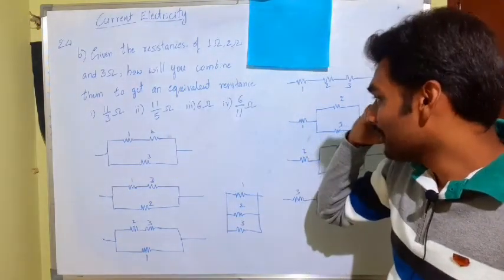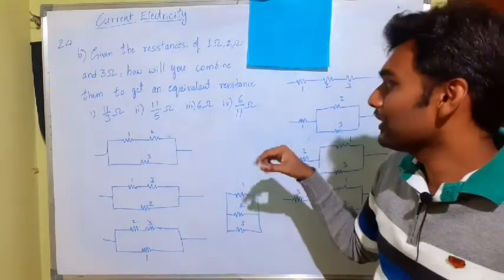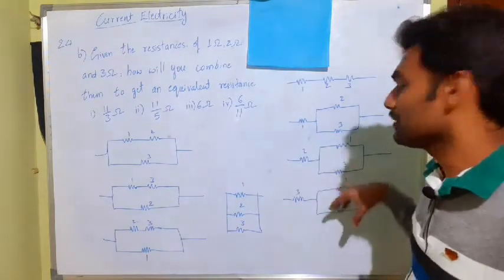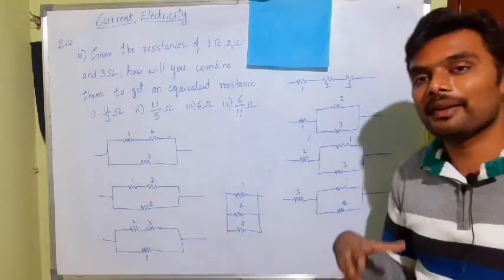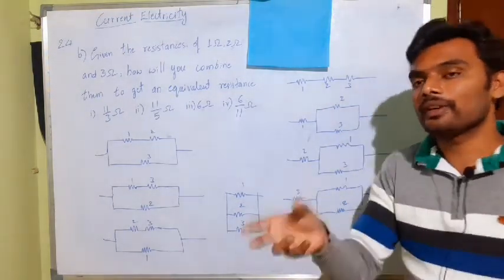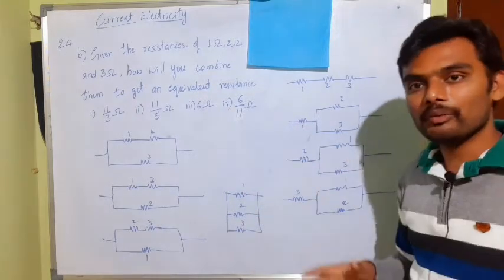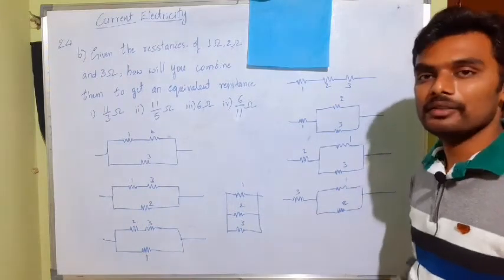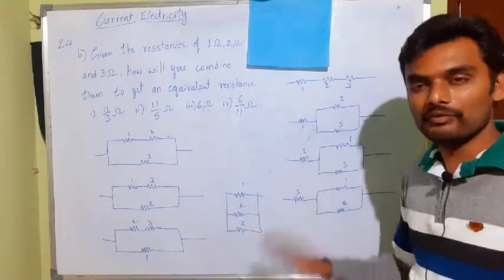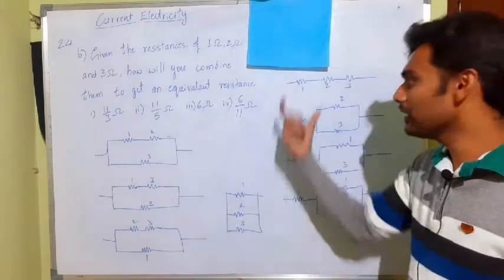So when we want to look for all those values, we can't go with random combination. You can, but it might not lead you to the final value. The best approach would be to draw all possible combinations, get the values first, and then simplify them in a proper way.